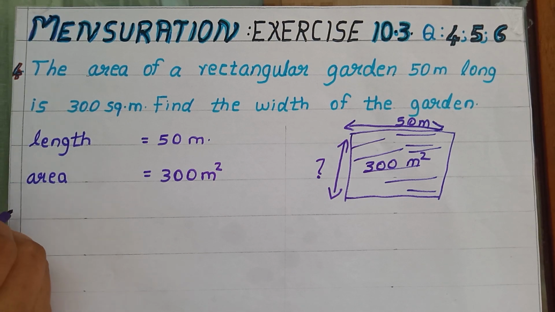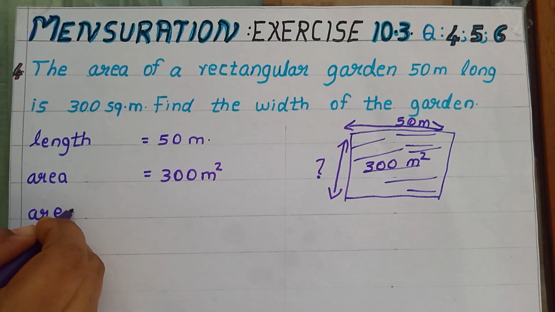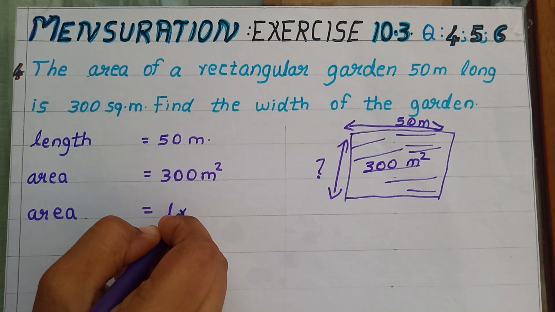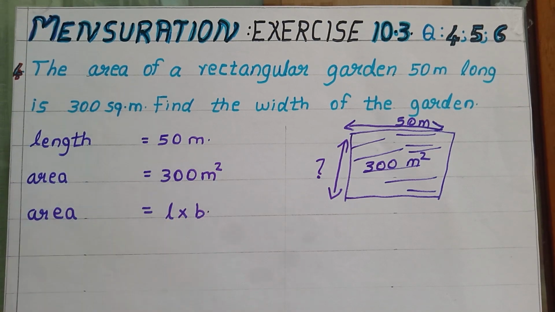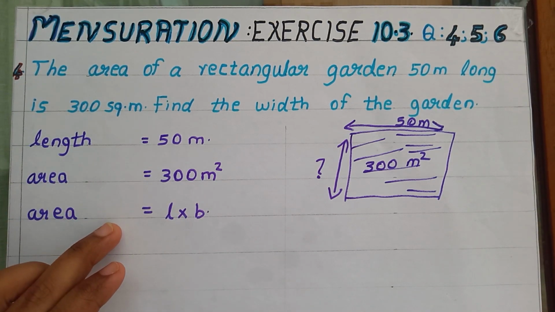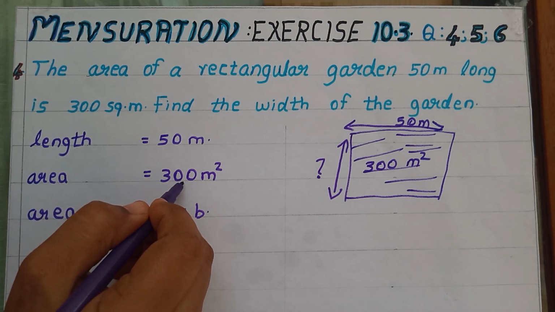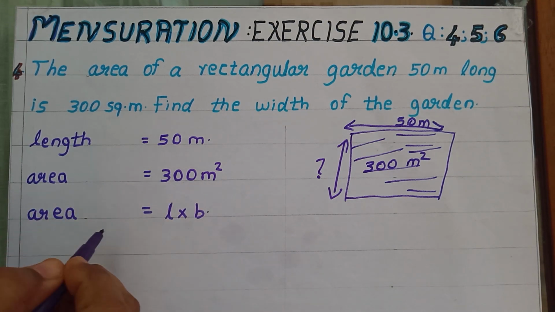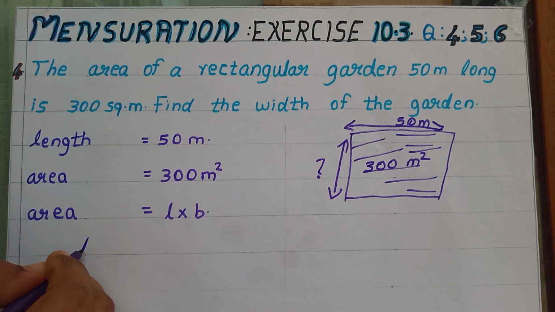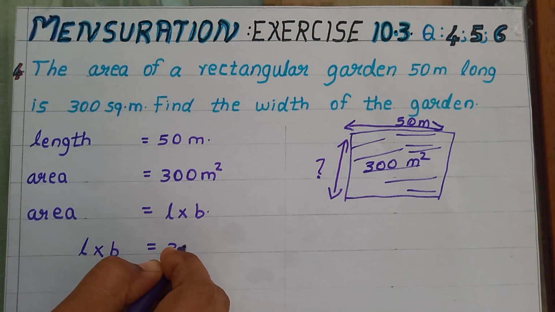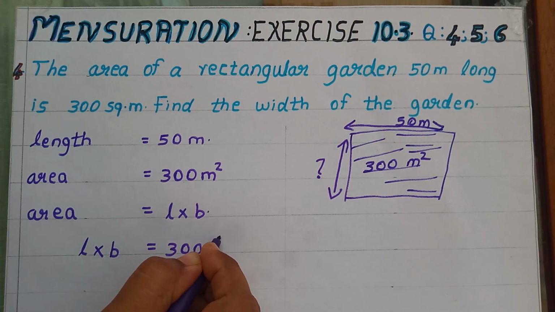And one more thing, we know that area can be represented by the formula as L into B. So both these equations, the left side are equal. So we can equate the right side. That means here area is represented as 300 meter square and here area is L into B. So we can write L into B equal to 300 meter square.